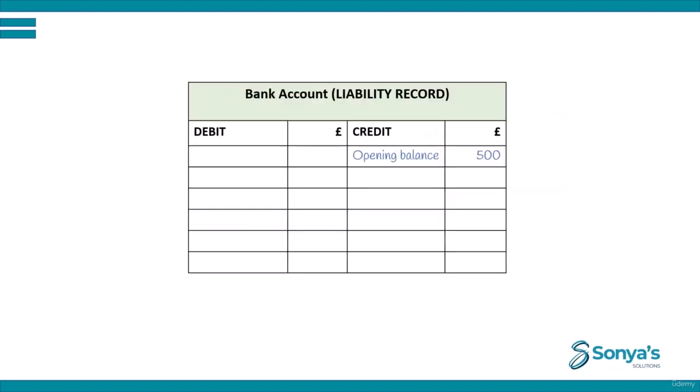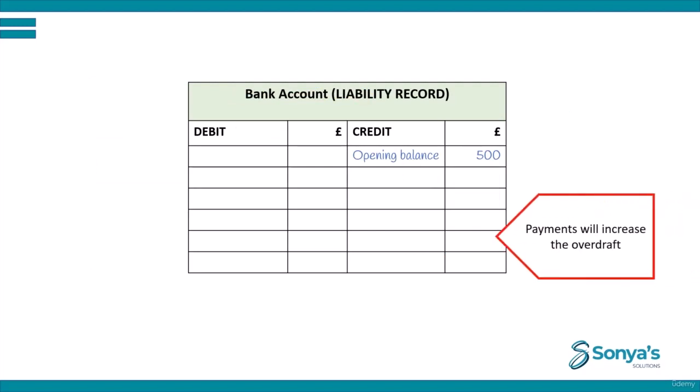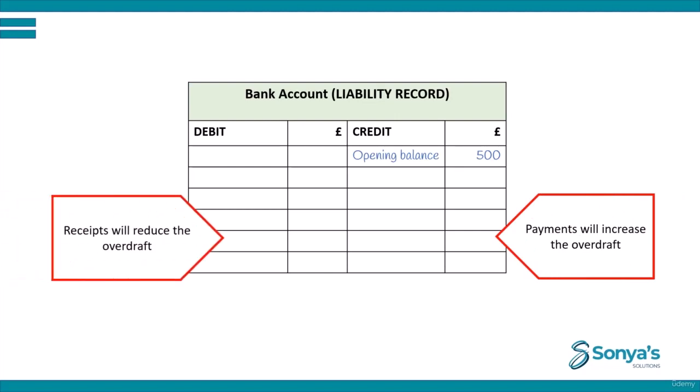We still use the account in exactly the same way. Payments will still be recorded on the credit side and receipts on the debit side. Think logically when calculating the account balance. If we spend £100, we will owe the bank £600.